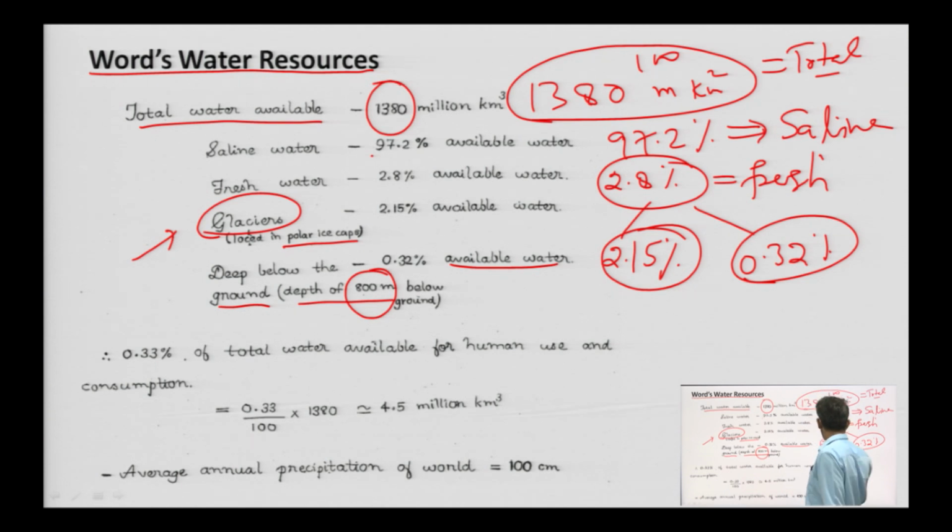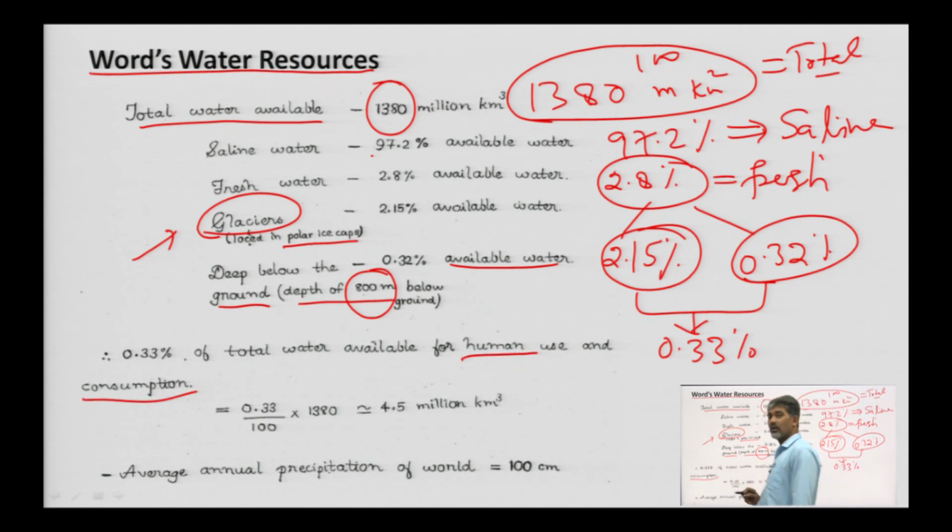So, the remaining quantity of water is very small, only 0.33% of the total water available for human use and consumption.